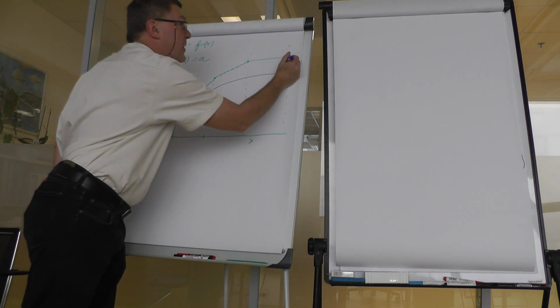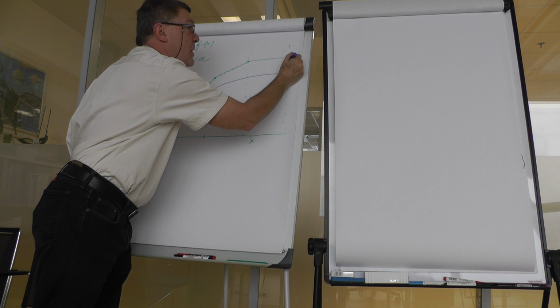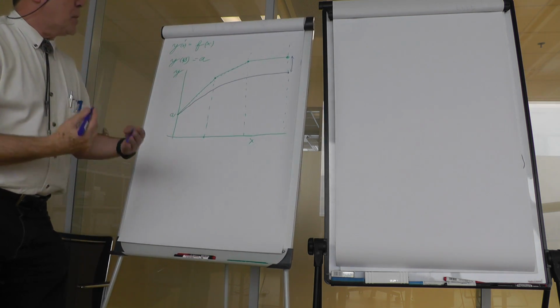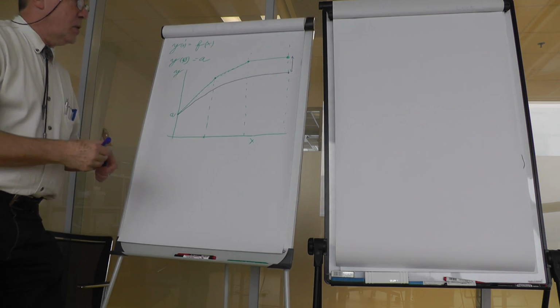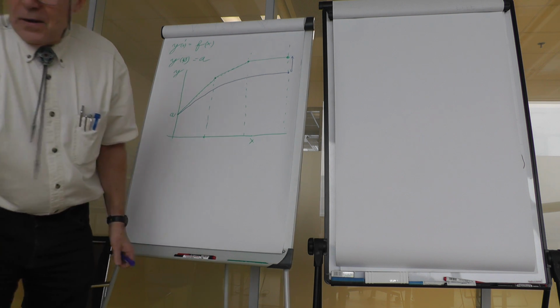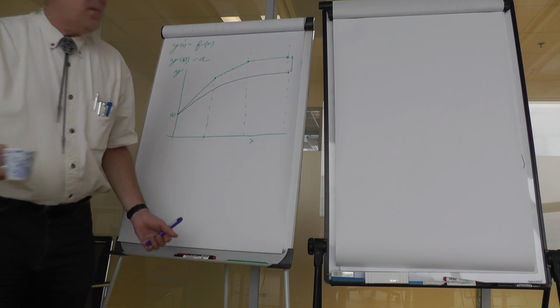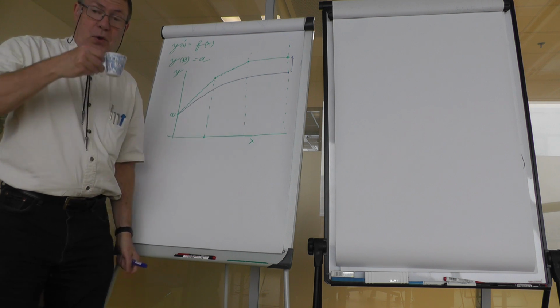So we have here an error, a numerical error. The method produced a solution, and that solution was not exact, but that was an estimate of the solution.